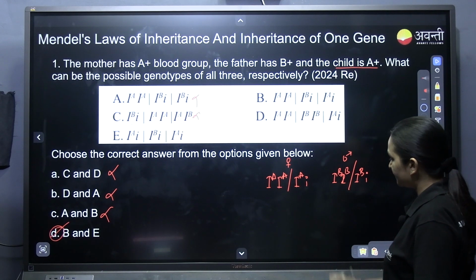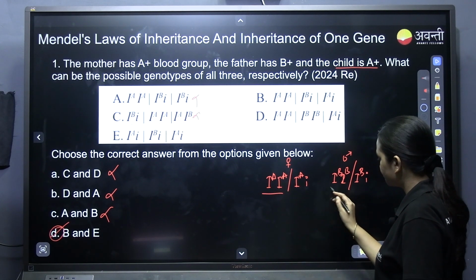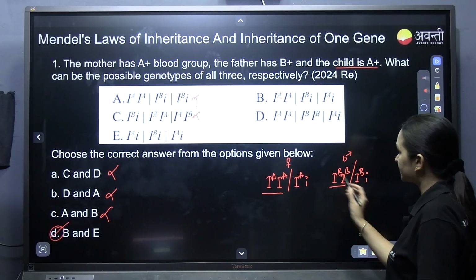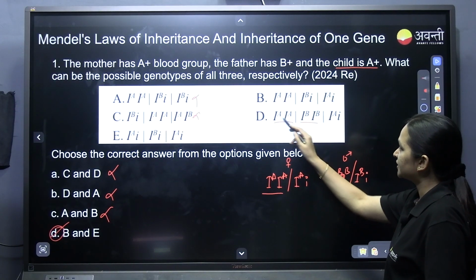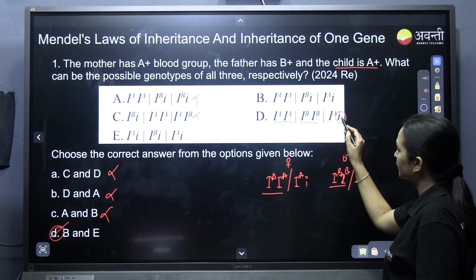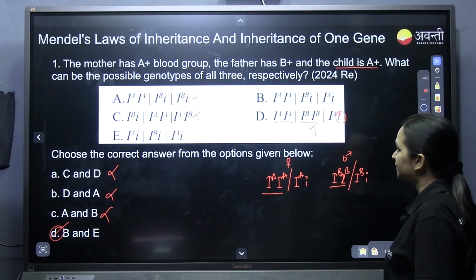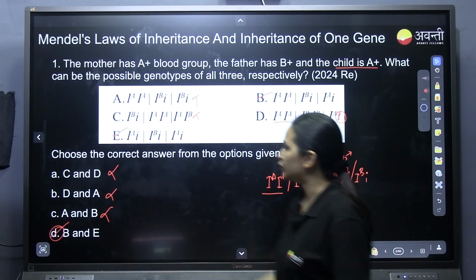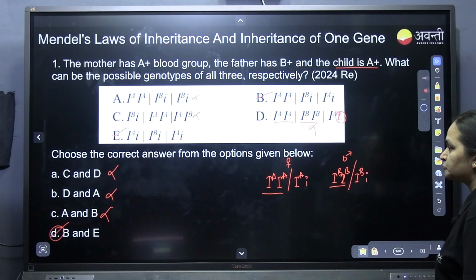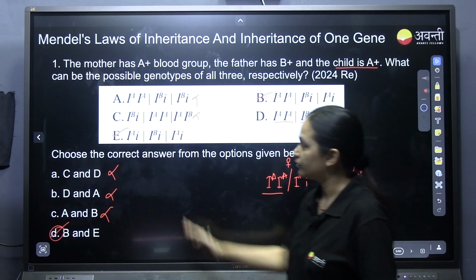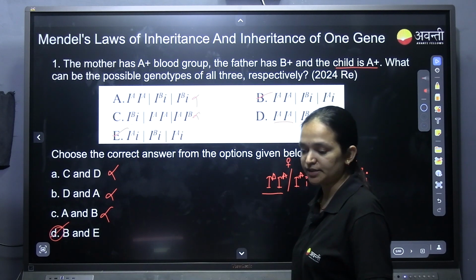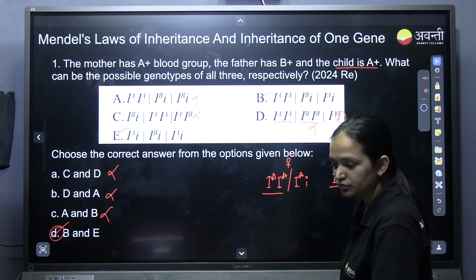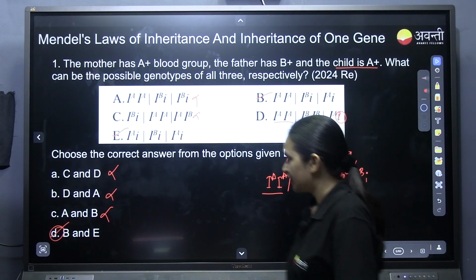So if we consider these two, then it cannot be the possible answer, because if it is these two, then there won't be small i here. So we can eliminate this option as well. With the elimination technique we can get the answer, that is B and D can be the possible genotypes of mother, father and child respectively. Understood? Sakshi? Raju? Yes. So D for Delhi is the correct answer.